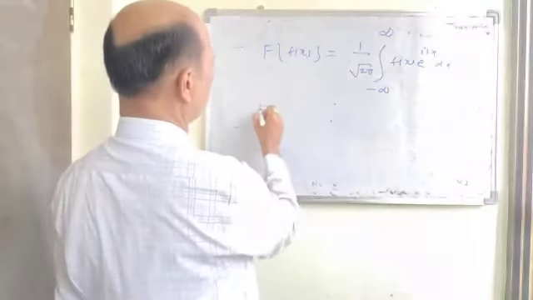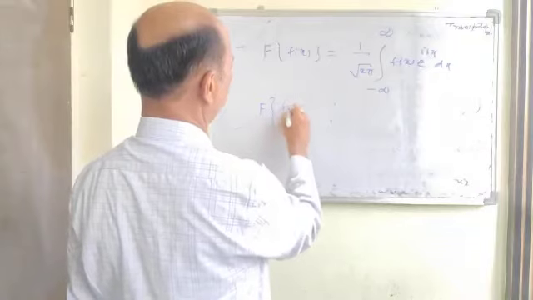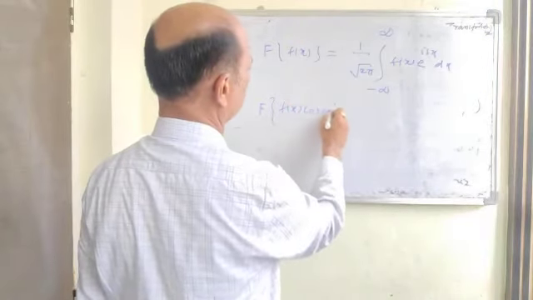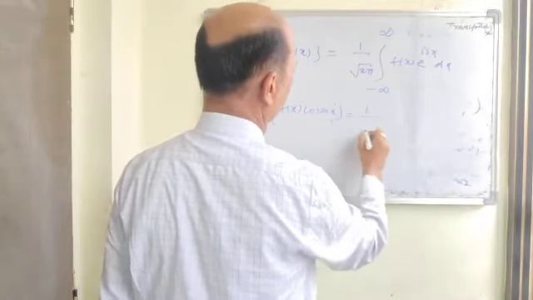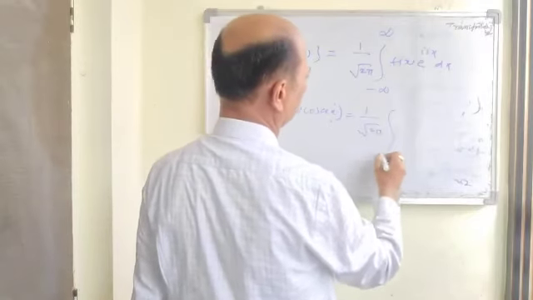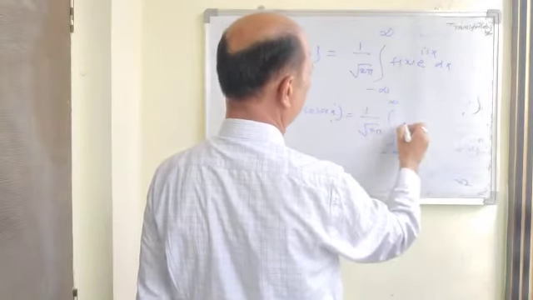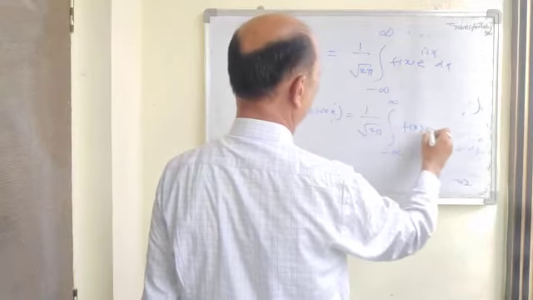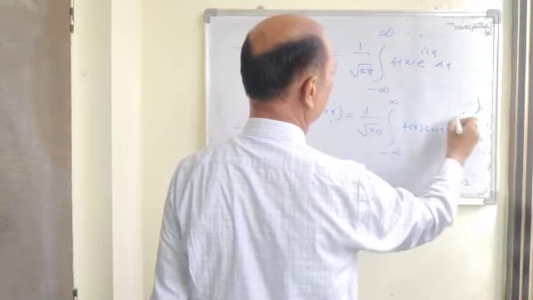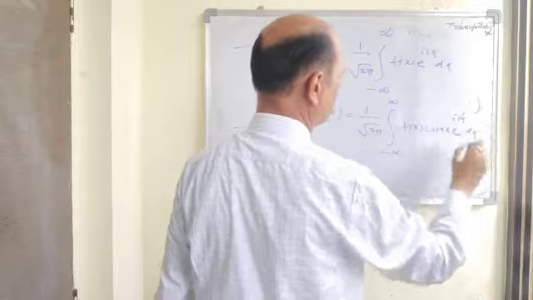Now what do we want? We want f of x cos ax. So here 1 upon root 2 pi integration from minus infinity to infinity, and in place of f of x we have to write f of x cos ax into e to the power isx dx.